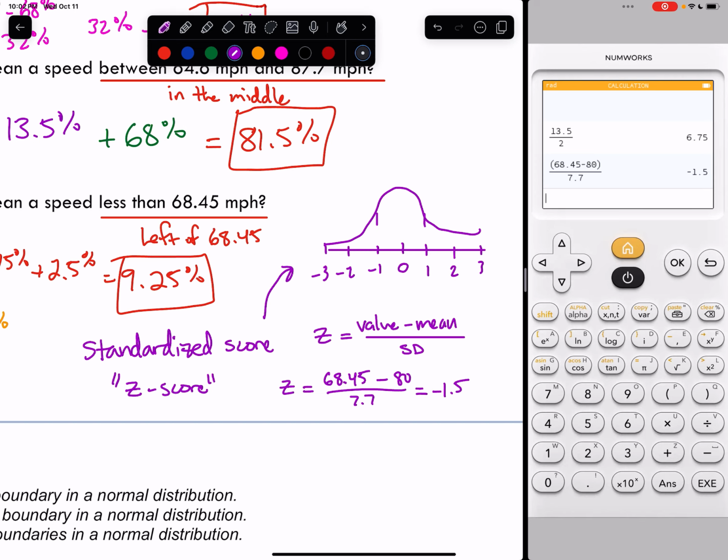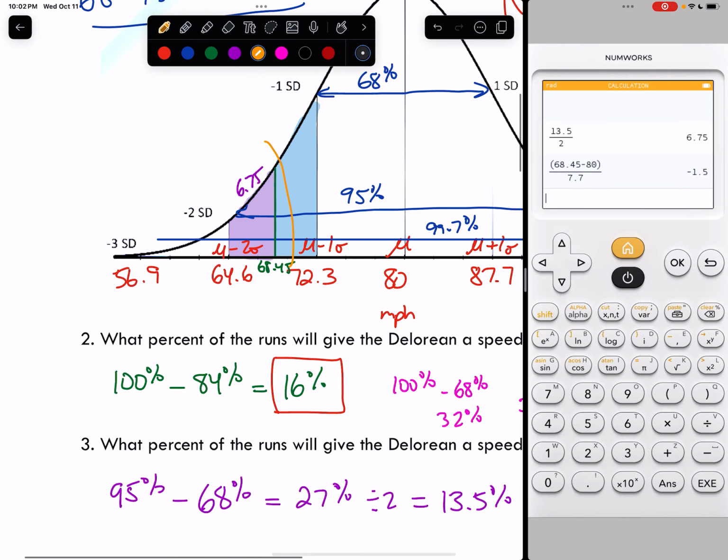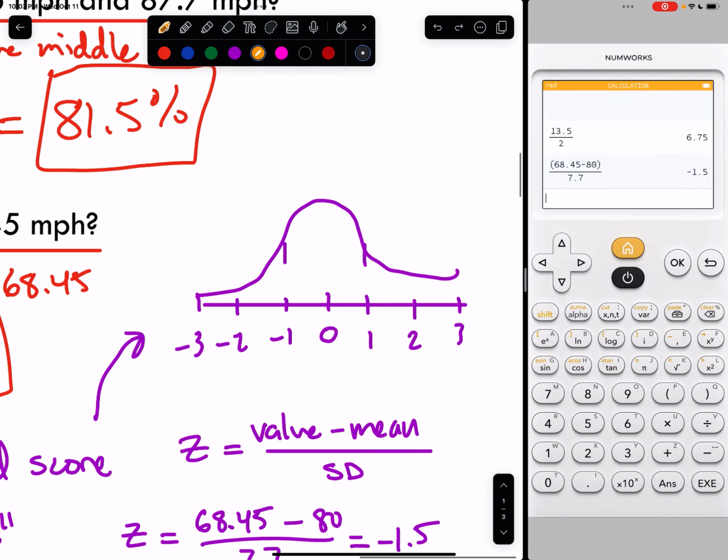And so what this score represents is that 68.45, that we labeled right here, about halfway in between -2 and -1, if we recentered our graph around 0, would be right here at -1.5. Okay, that's the part we're looking at here.